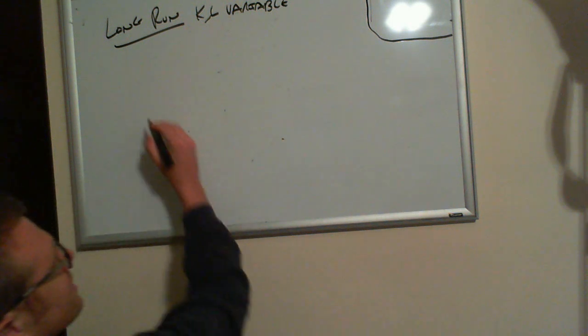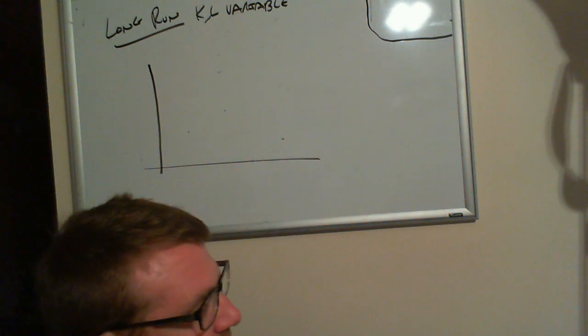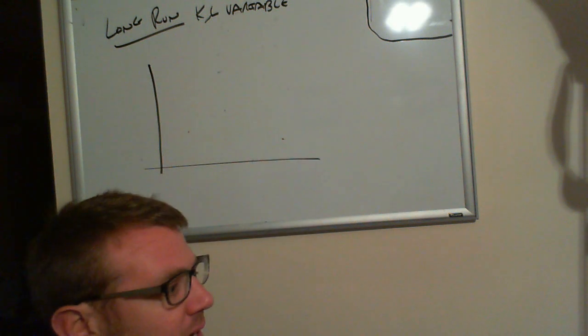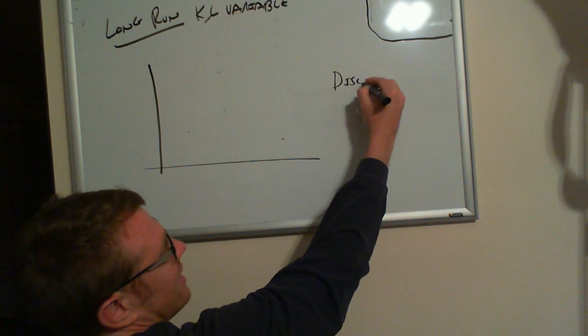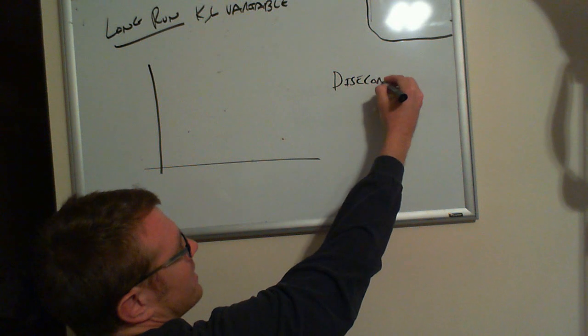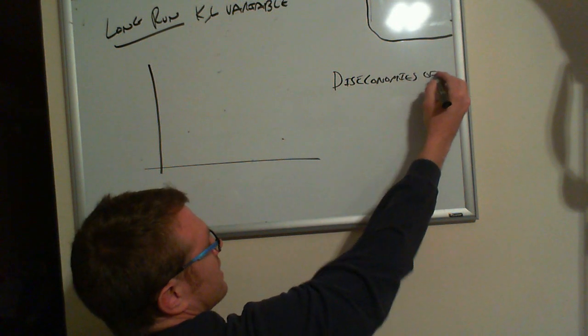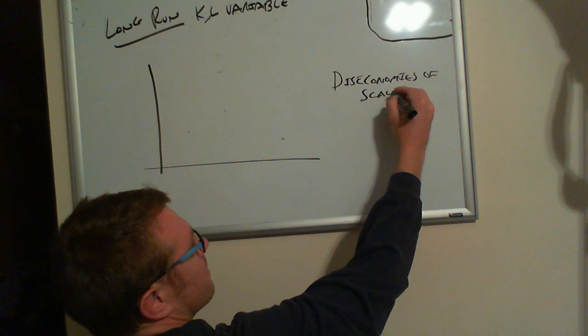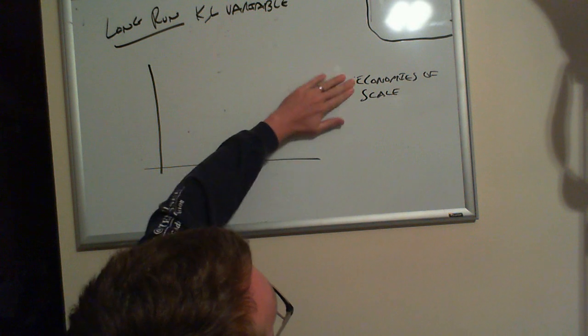And so I'm going to tell a story and draw a graph that illustrates a firm's long-run decision making. And the particular industry I'm illustrating has what's called diseconomies of scale. Let's do just economies of scale.